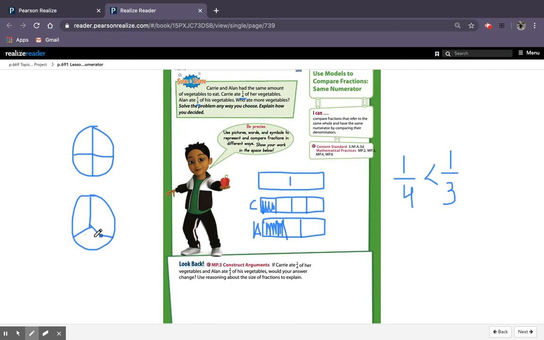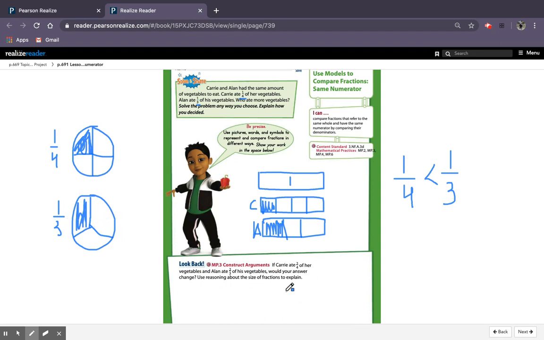Sorry, I'm not the best at drawing these freehand, I like to plan them out a little bit more. But anyway, there's 3 pieces here, 4 pieces here. Coloring in one of these, and one of these. This represents 1/4, which is Carrie's, and this is 1/3. And even though it's a different shape, I used a rectangle here and a circle here and broke them into different parts and sections, I can still see that 1/3 is greater.